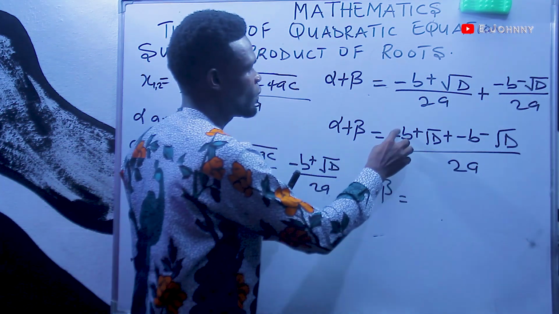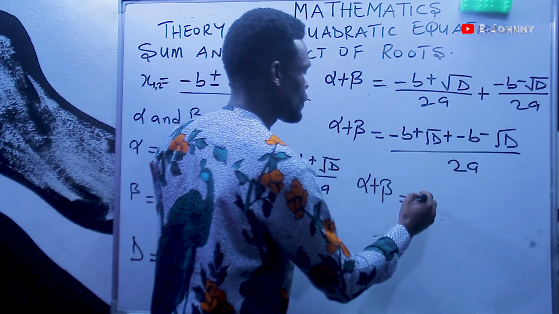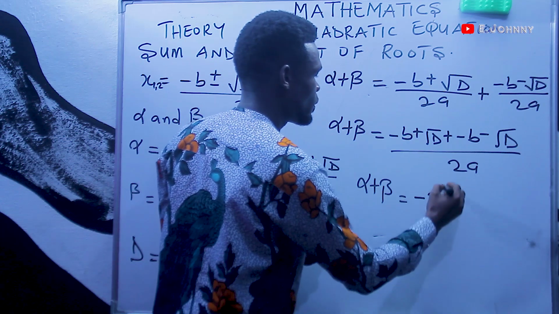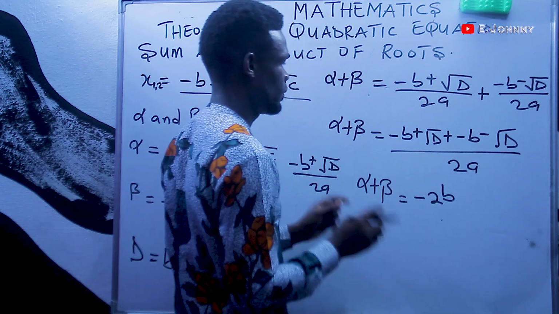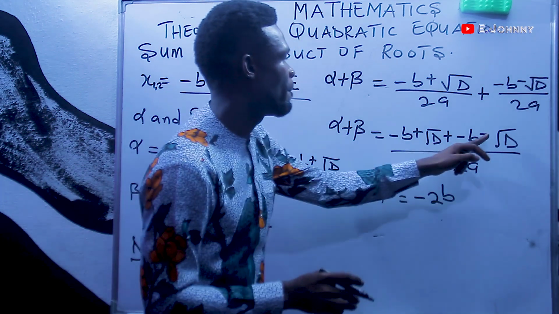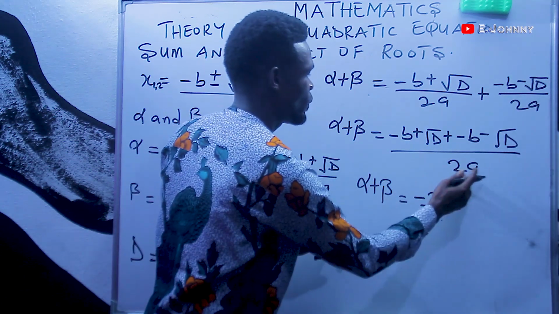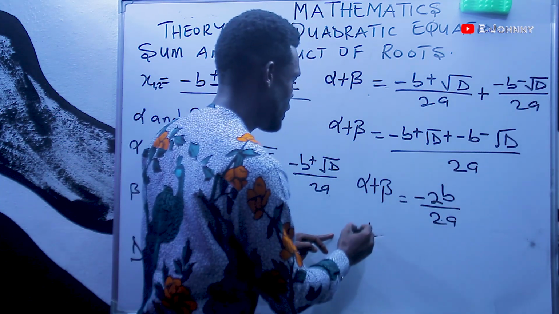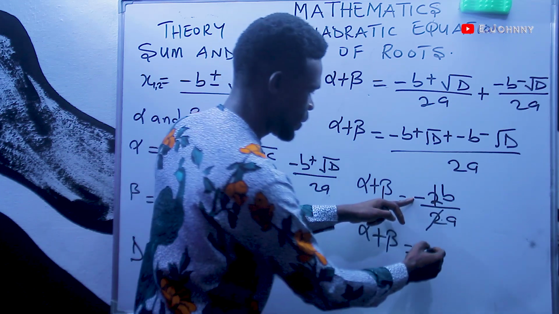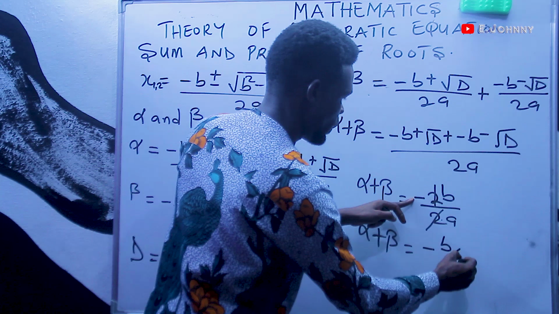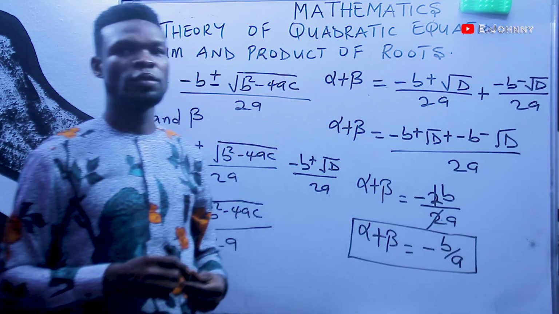You know, the coefficient here is -1 minus 1. That gives us -2. -2 what? B. So minus b minus b is -2b. Root D minus root D is 0, so it's gone. Divided by 2a, so the 2 and 2 will go. I'm left with minus b over a. So this is the sum of roots.